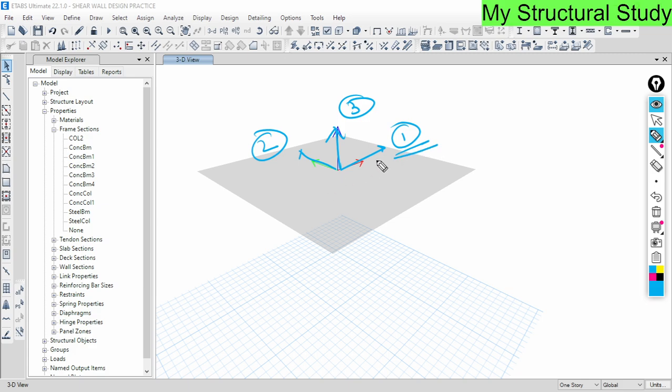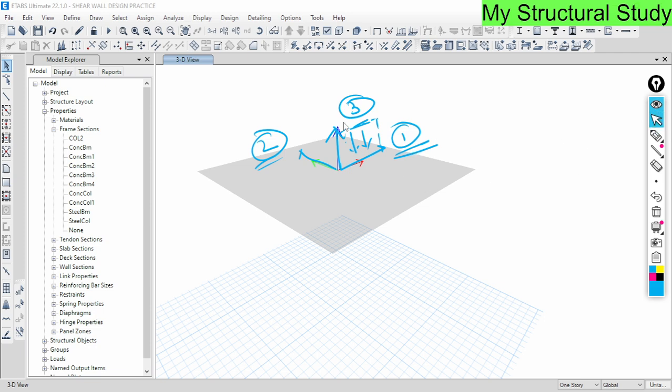So red is the axis 1, green is the axis 2, and blue is the axis 3. So here in this plane, that is the 1-3 plane, these forces are the punching shear forces. Same way 2-3 also, punching shear forces and punching shear stresses act along this plane.